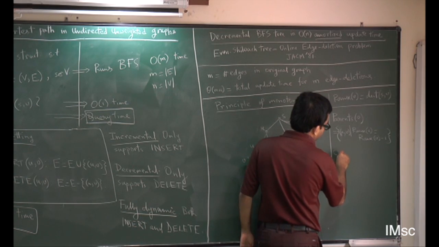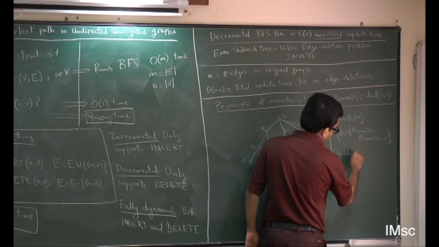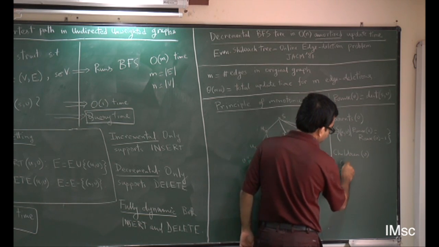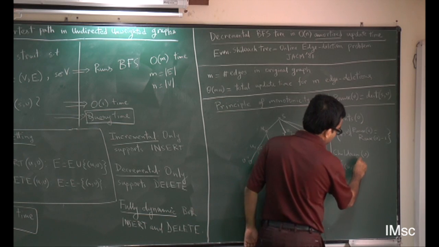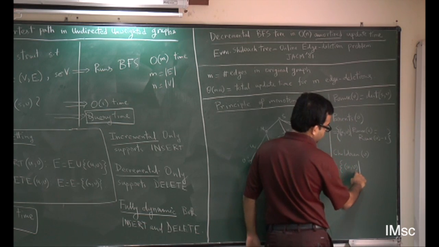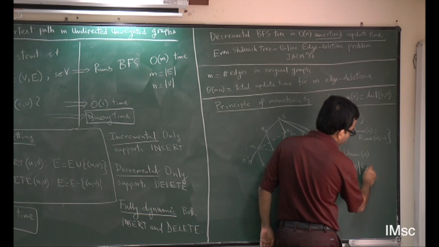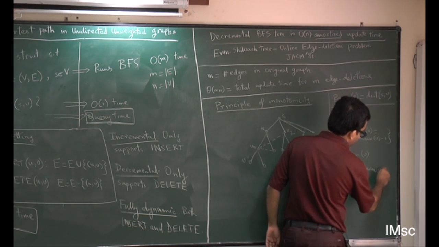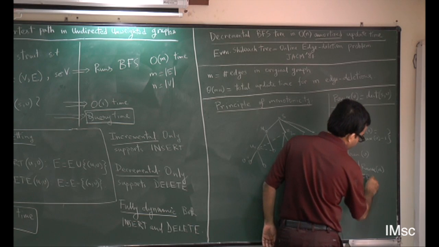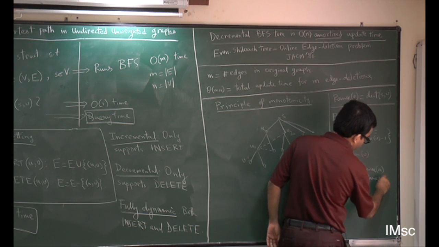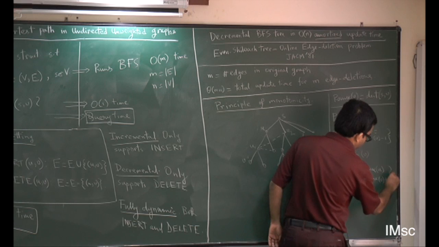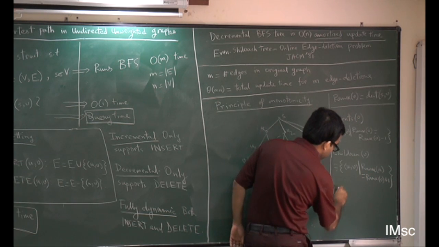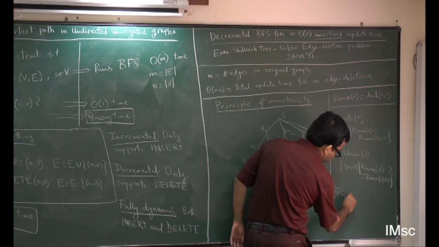Then similarly we can define children of v. These are the edges whose other endpoints are one level below, so rank of u is going to be rank of v plus 1. And finally, friends of v.